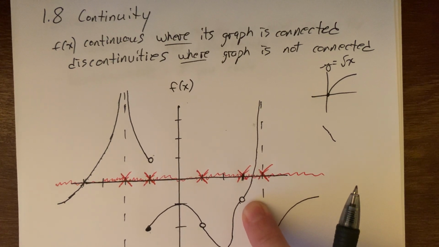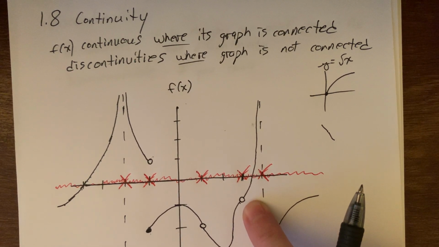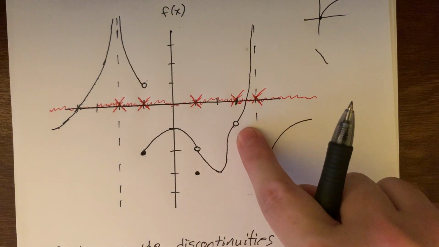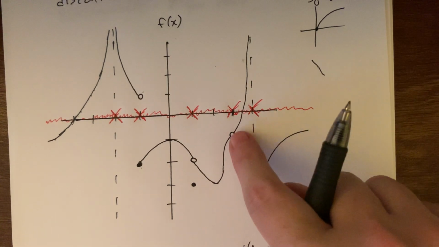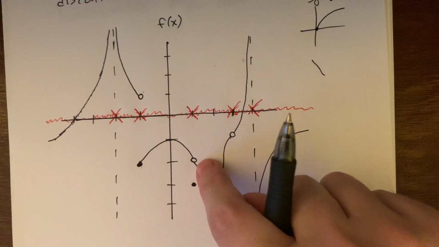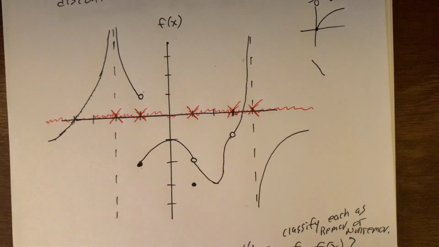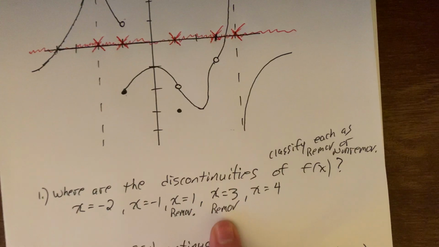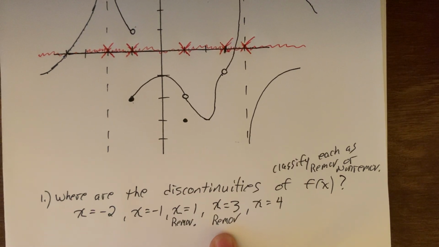But this one is also removable because if I had a point, it doesn't matter if there was one. Here we had a point so I could pick it up and move it here. Here we don't. But if I did have a point and I plopped it right in that open hole, it fixes the disconnection the same way this did over here. So 3 is also a removable discontinuity.